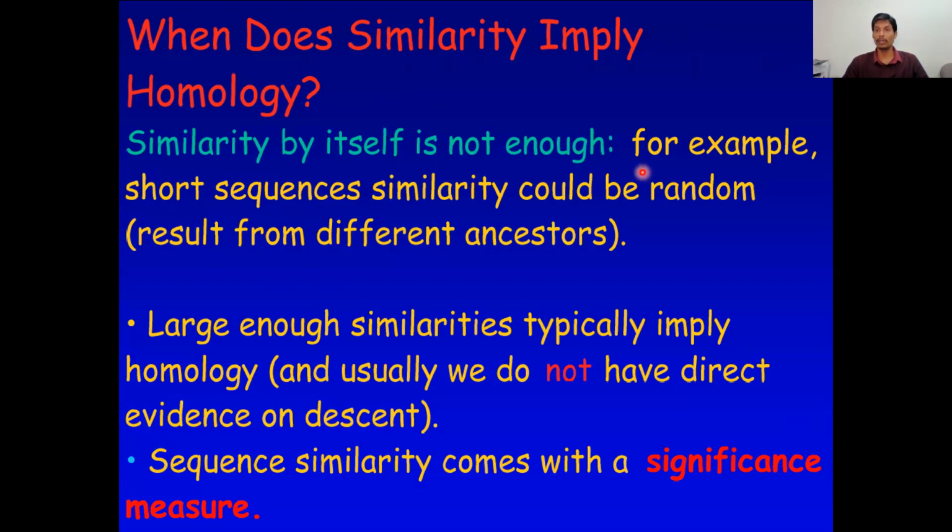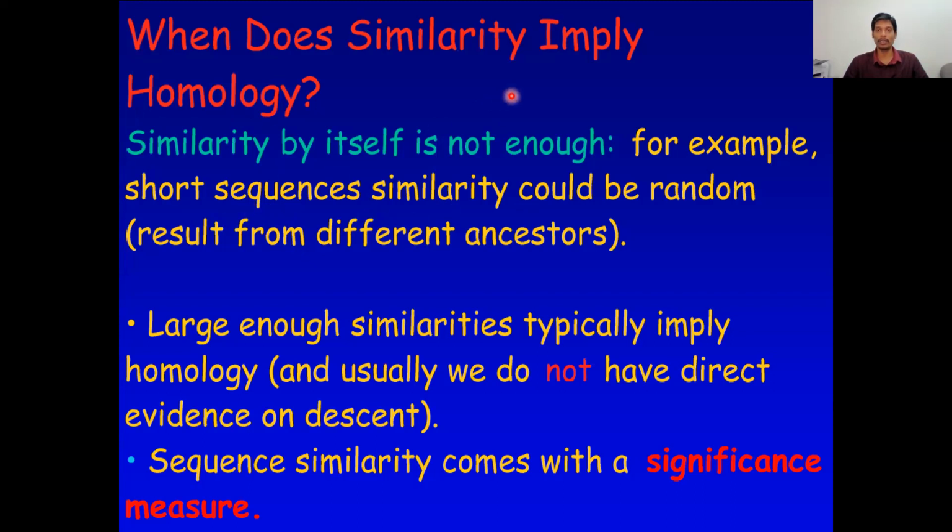Sometimes, randomly, because millions of DNA sequences are present as genetic material, the random existence of the same sequence is possible if you take a short sequence. So similarity itself may not be enough.